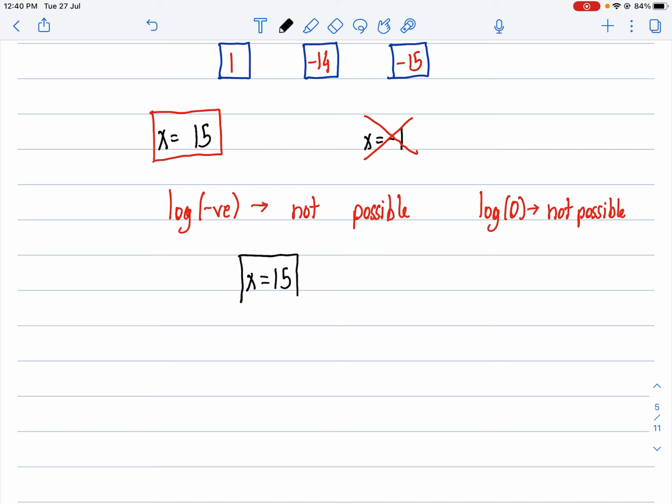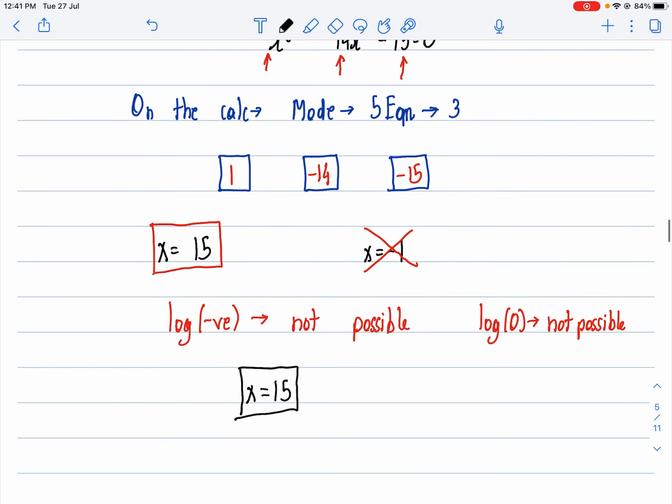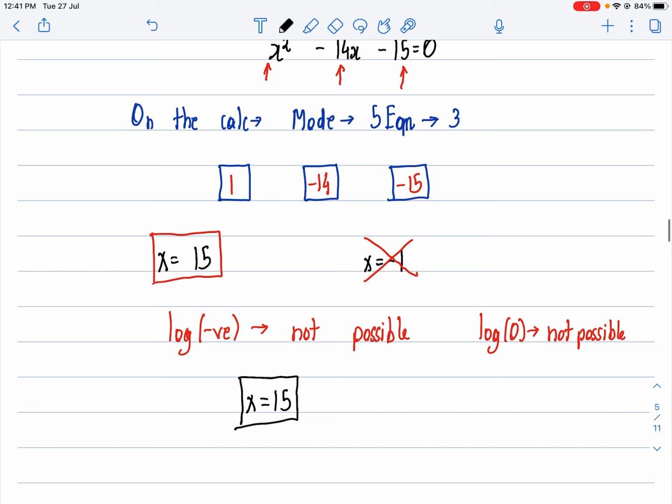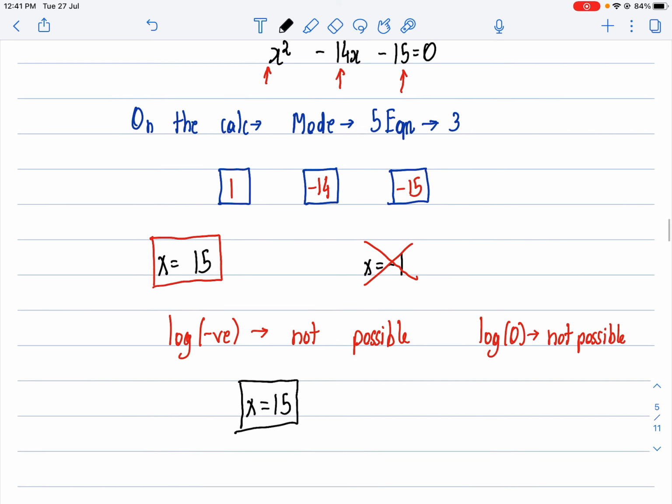So you basically need to know how to verify like this. This is how they can test you on small log properties. You will basically get two values. You might need to eliminate one, because you're getting log of a negative number, which is not possible. Or in some cases, you can get two values of x and both of them satisfy the equation.